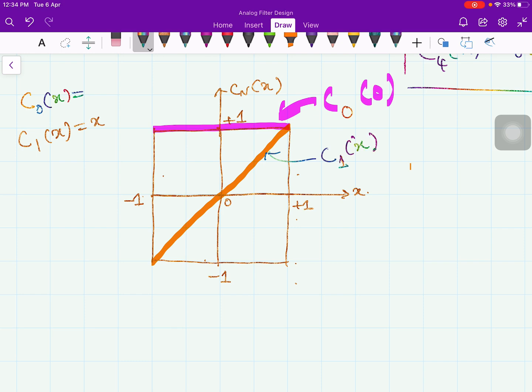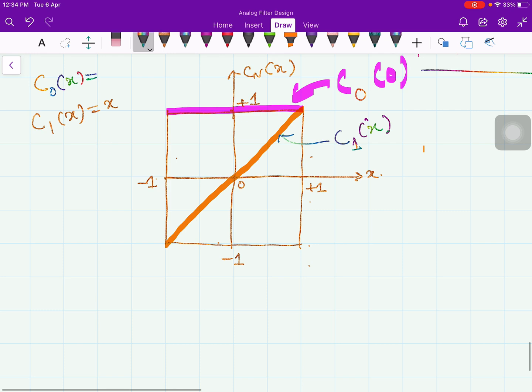Now C2 of x. What is C2 of x? C2 of x is 2x squared minus 1, and therefore it starts from plus 1.